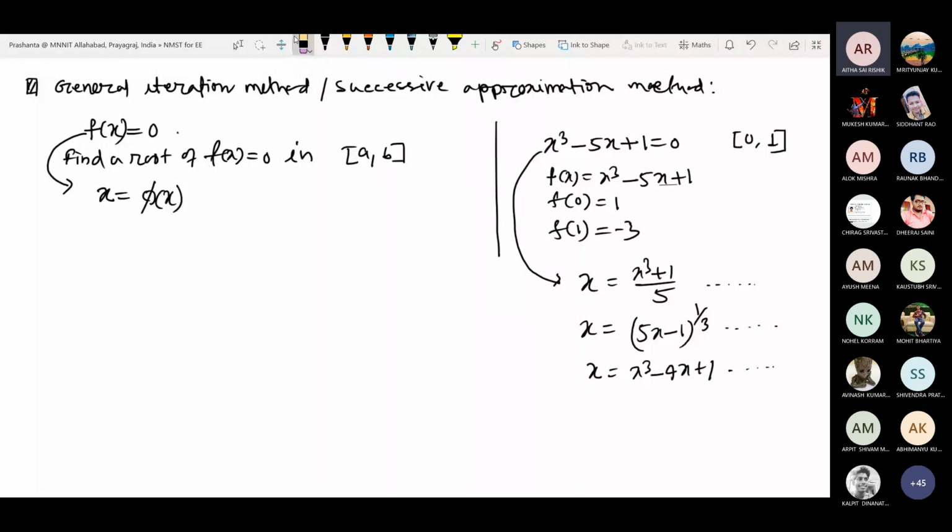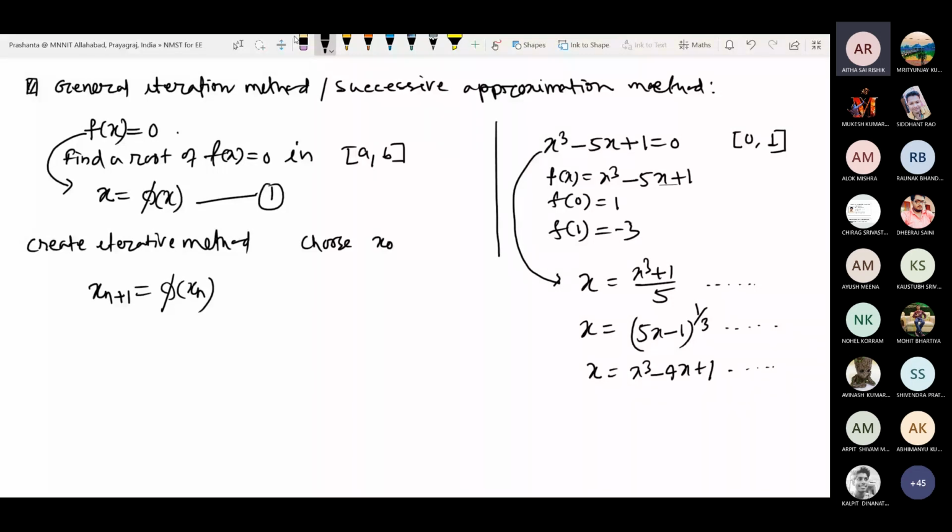So you will write the given equation as x equals phi of x in this form. Now what you will do is create an iterative method from this expression. Call this expression 1, and from expression 1 you create an iterative method: x n plus 1 equals phi of x n. Choose an initial guess x naught.